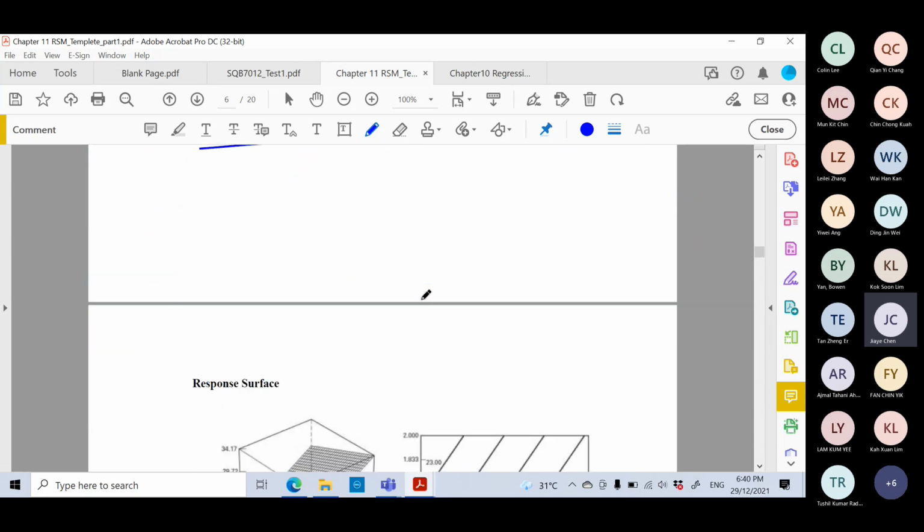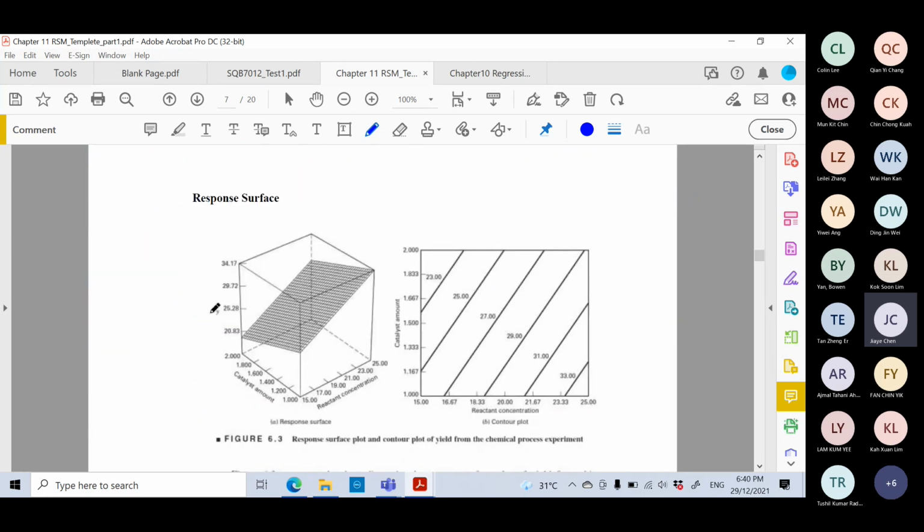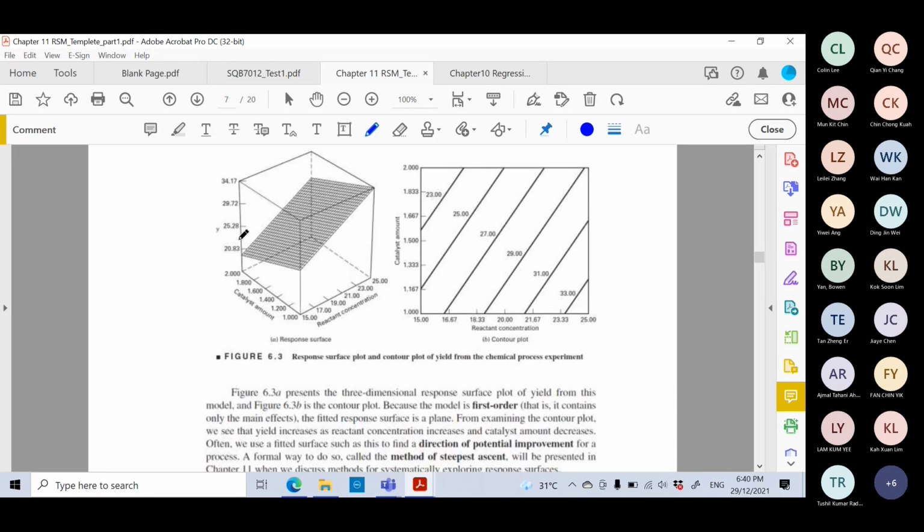Okay. Then you can draw it three-dimensionally. The y, this one is x, this one is catalyst, this one is concentration, and it will be a linear form. If you cut it with a plane, then they become the contour plot. So for each one of them, you cut it here and you get one line.